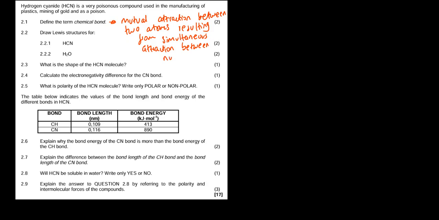That is what a chemical bond is. As we said, remember, a chemical bond is formed by the forces of attraction and forces of repulsion, but that mutual attraction between the atoms is what we call a chemical bond.